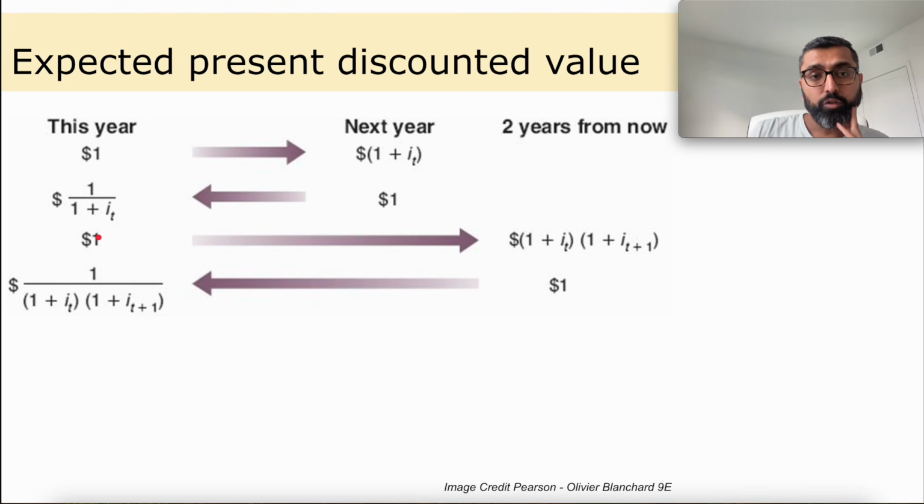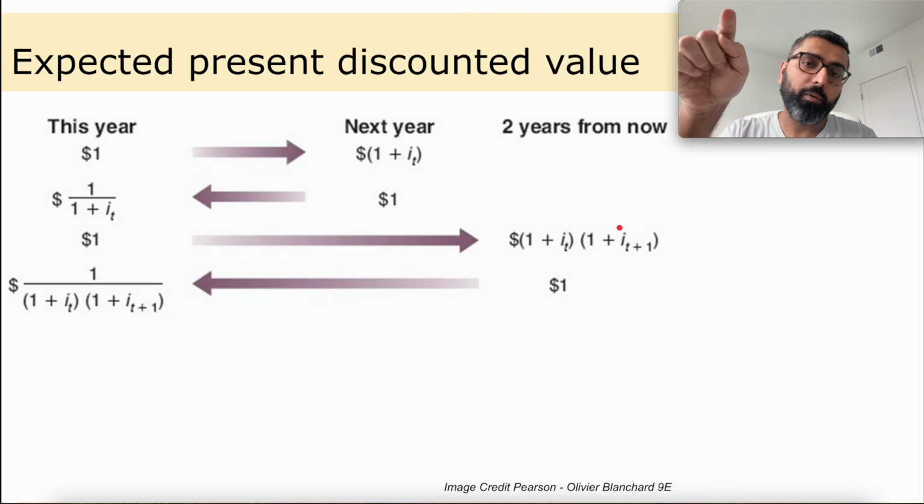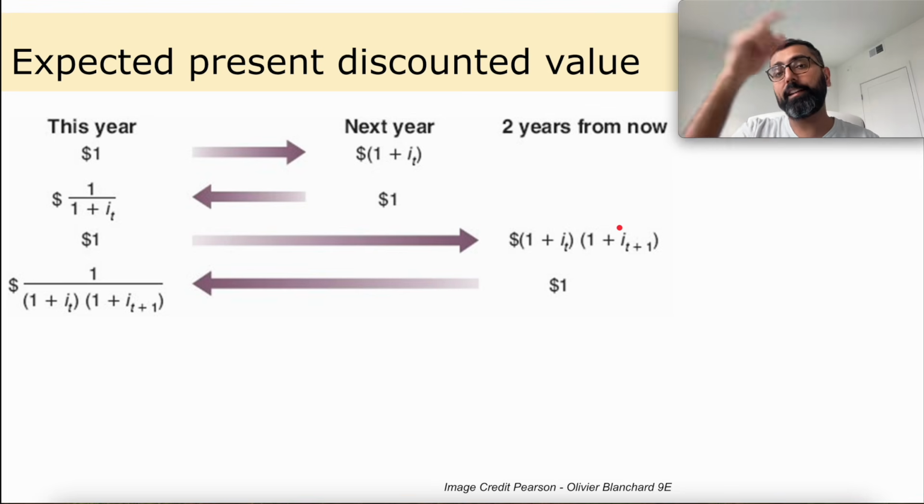So now that we understand this basic concept, we can enhance this understanding. $1 now, 2 years from now, not 1 year, would be $1 a year from now, which is 1 plus i, times whatever value that we have. It would have the interest of a year from now as well, because it would have the first year's interest and the second year's interest.